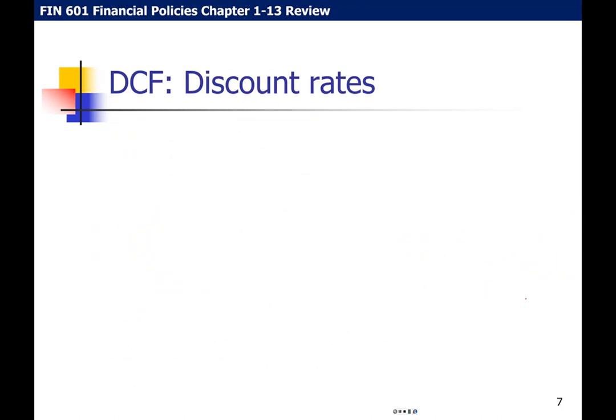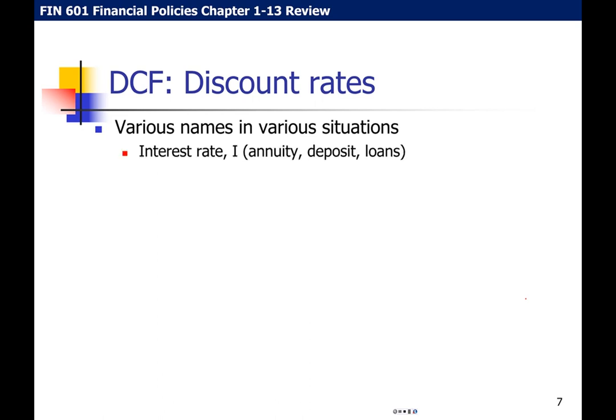Okay, next one, we need to find out the discount rates, right? Once we have cash flows, we find the discount rates. Well, discount rates can come in under various names in various situations. For annuities, deposits, and loans, it's typically called an interest rate. We use an I to denote discount rates in this category.